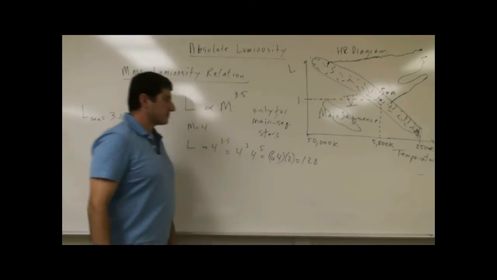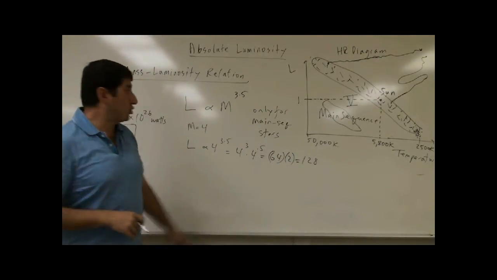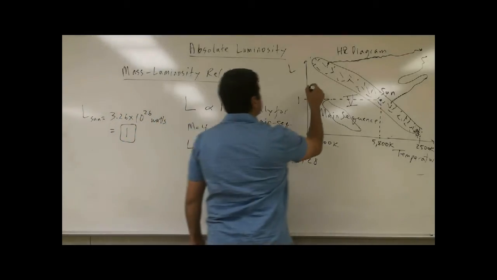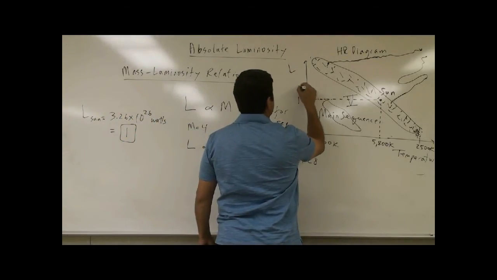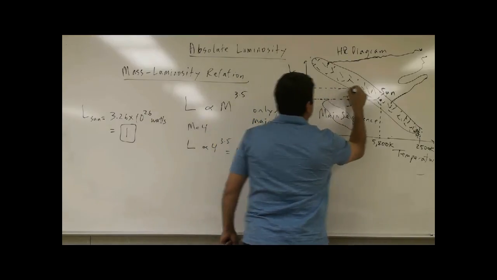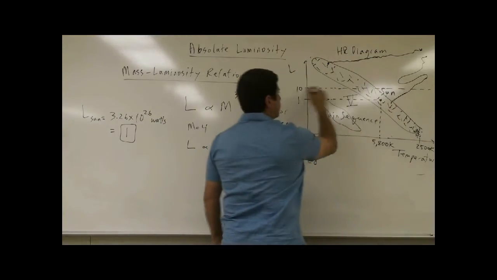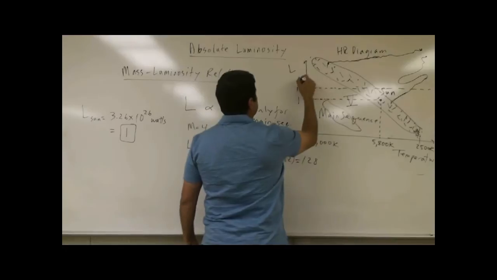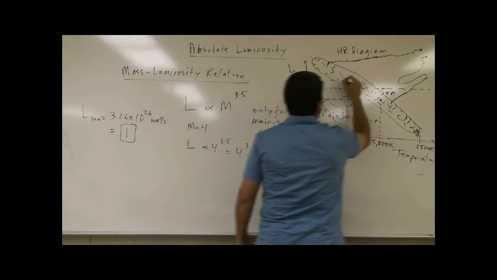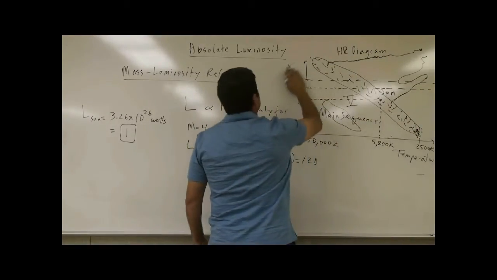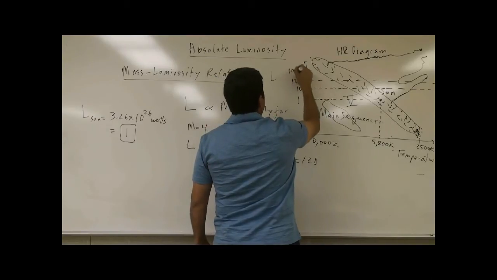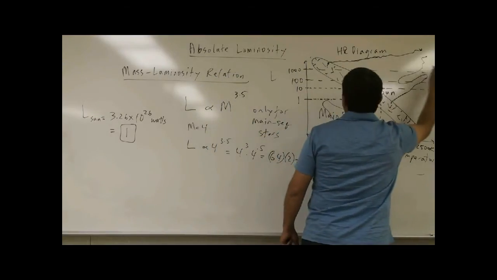So what would that be? 128. Okay, so what we would do on the HR diagram, we would say, okay, any star that's 10 times heavier than the sun goes over here on the 10. Any star that's 100 times heavier than the sun goes over here. Any star that's 1,000 times heavier goes over here.